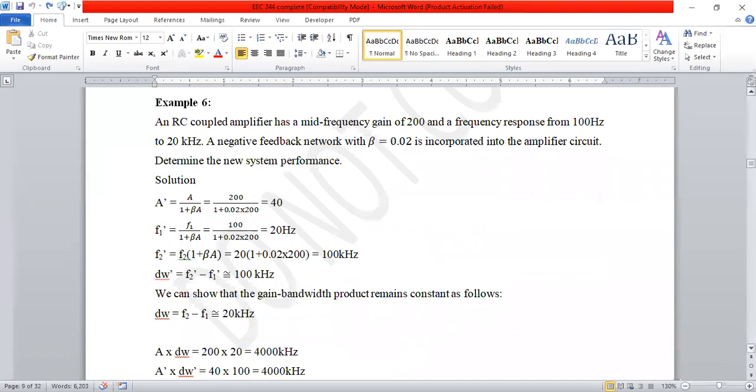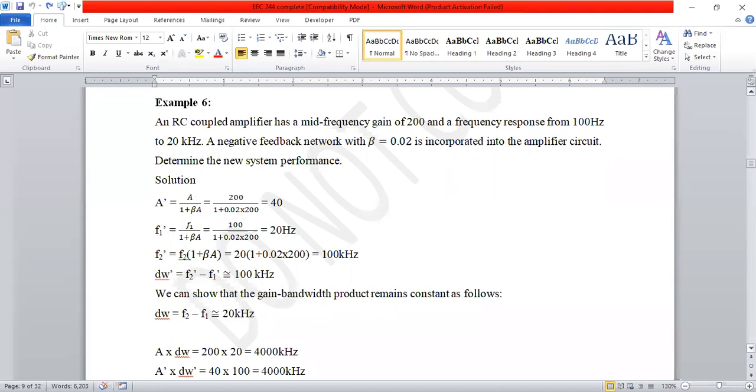An RC coupled amplifier has a mid-frequency gain of 200 and a frequency response from 100 Hz to 20 kilohertz. A negative feedback network with beta equals 0.02 is incorporated into the amplifier circuit. Determine the new system performance. I like this question. They didn't actually tell us what to calculate, but what to calculate is what we are going to know now.